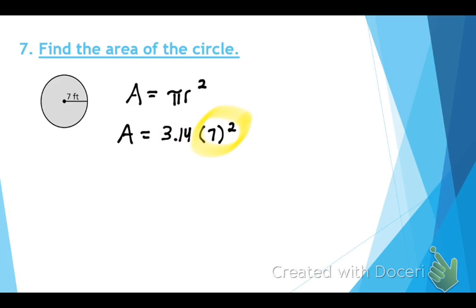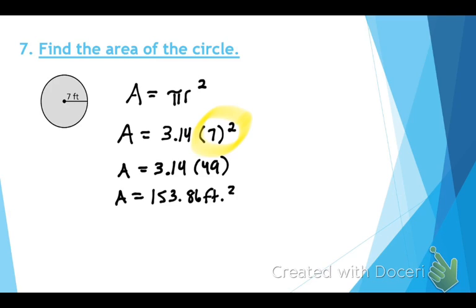You have to use your exponents, okay? So what's 7 squared? 49. When you multiply that together, what do you get? Squared. Okay, thank you for those of you who remembered to square the units. All right? Any questions on how we did that one?